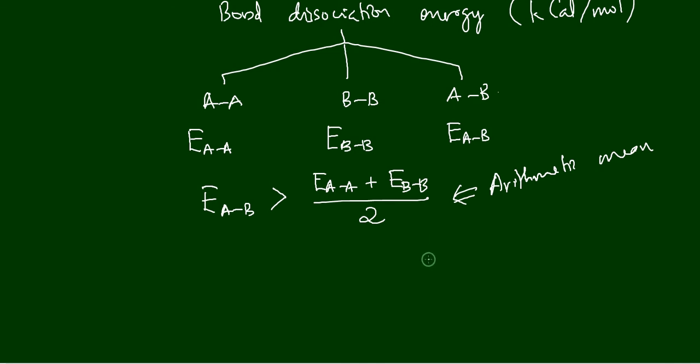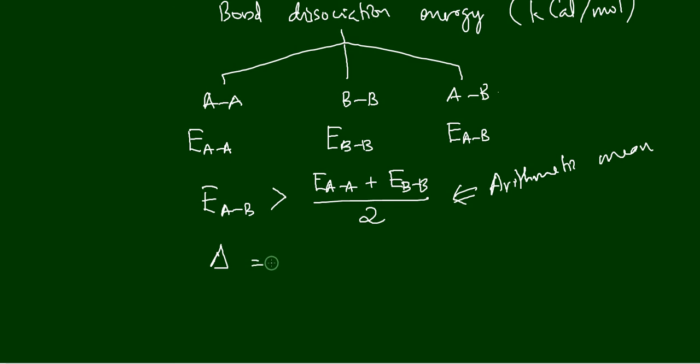Okay. So if you are taking the difference between EAB and the arithmetic mean of EAA and EBB, then we can get some value, let that value be equal to delta.